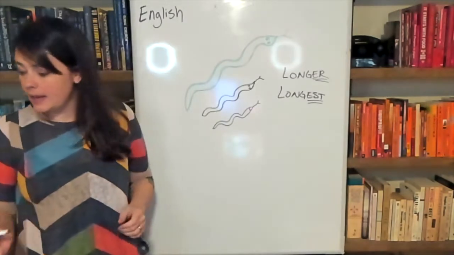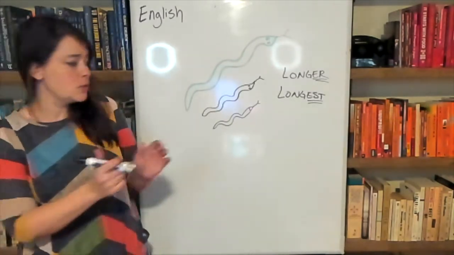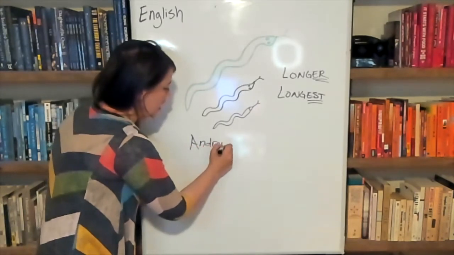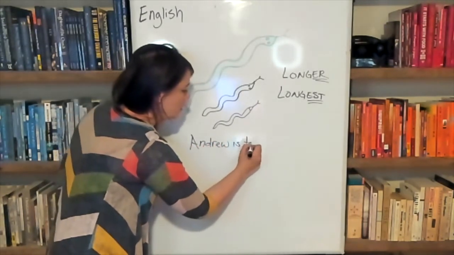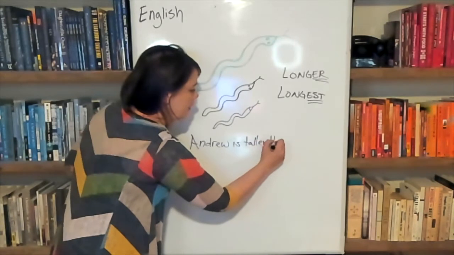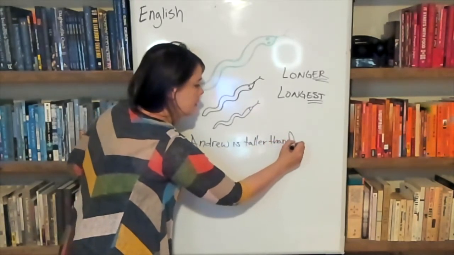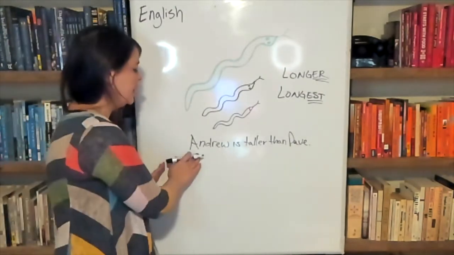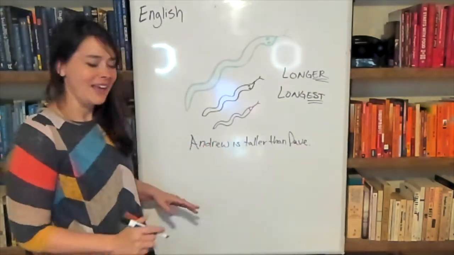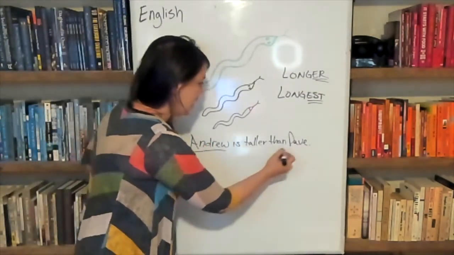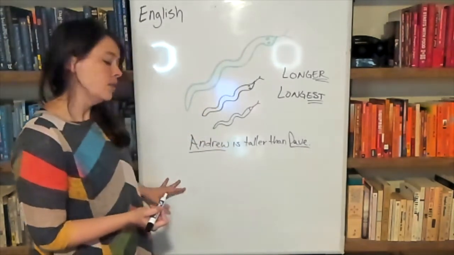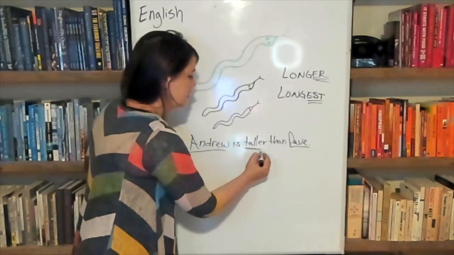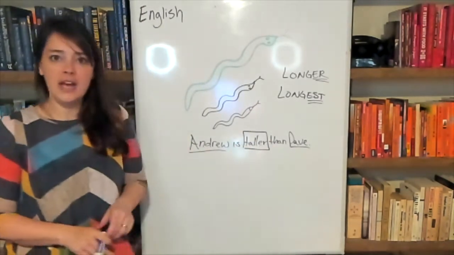If you were writing a sentence that used more than one noun, like this one, Andrew is taller than Dave. We have a capital letter and an end mark, right? Well, these are the nouns that are being compared. Noun, person, place, or thing. Andrew, Dave, and taller is your adjective.